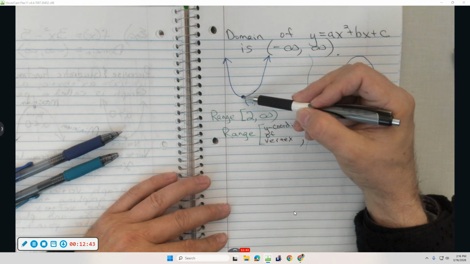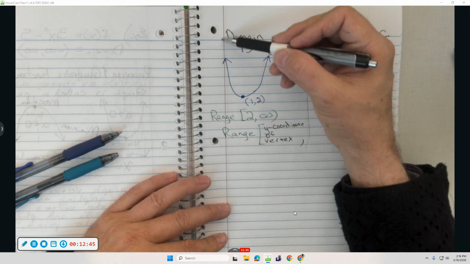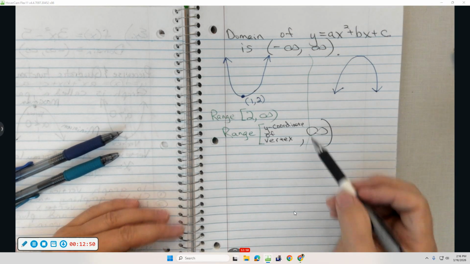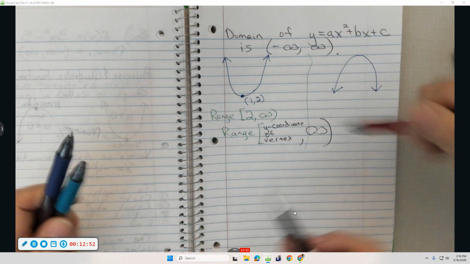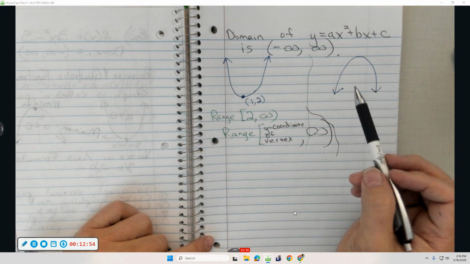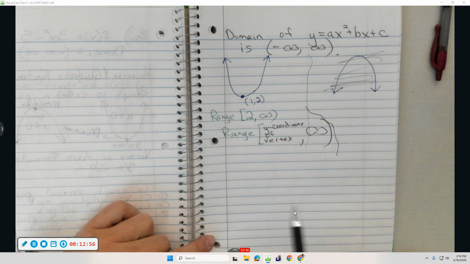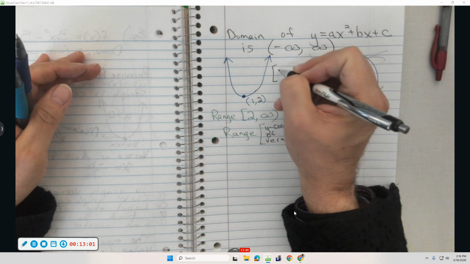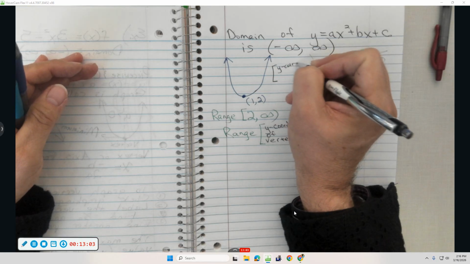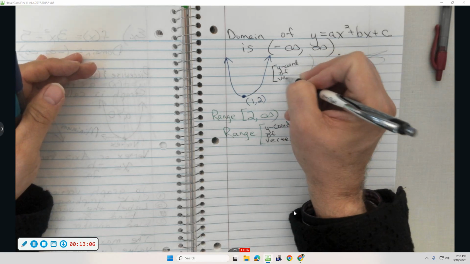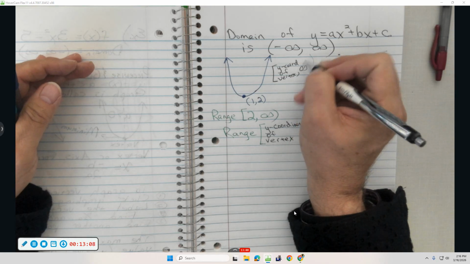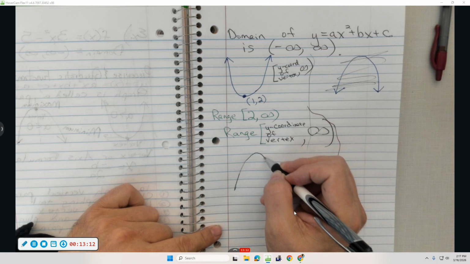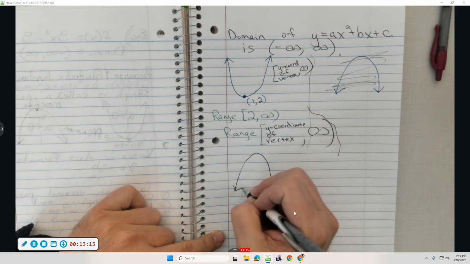It starts there, the graph goes up forever, it never stops, so positive infinity. I shouldn't have drawn that vertical line there. That looks better. So it's the y-coordinate of the vertex, comma, infinity.